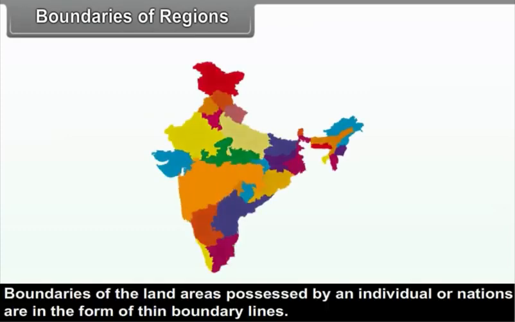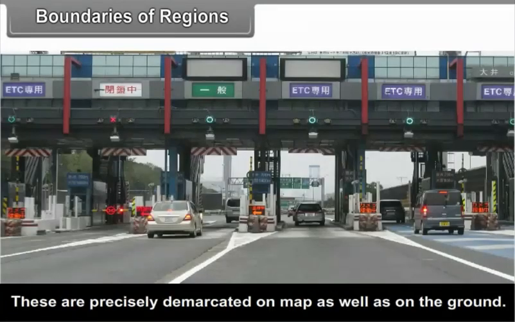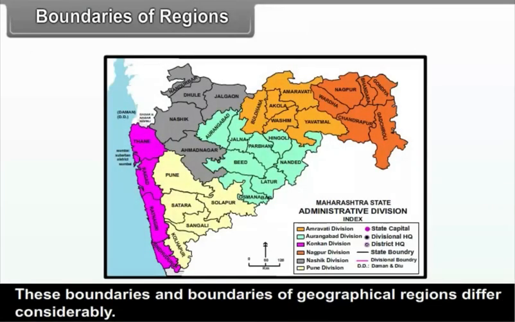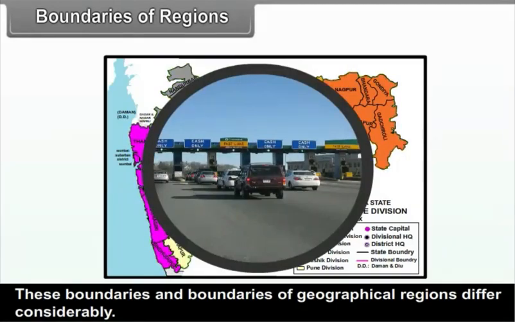Boundaries of regions. Boundaries of the land areas possessed by individuals or nations are in the form of thin boundary lines. These are precisely demarcated on the map as well as on the ground. These boundaries and boundaries of geographical regions differ considerably.